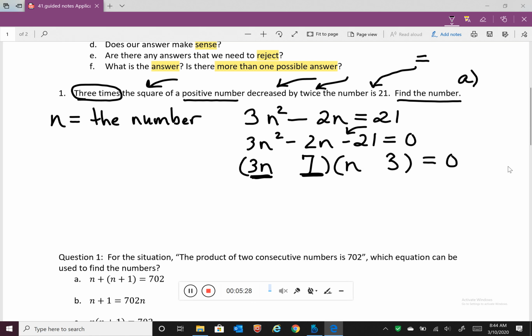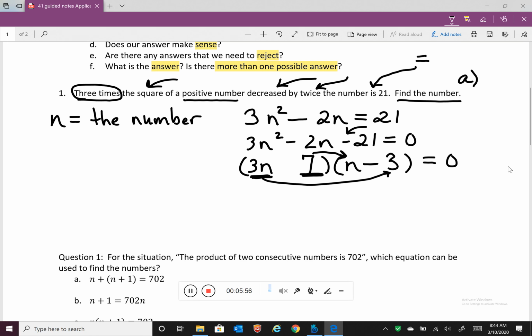Because it's minus 21, we want to have a difference of 2. If you look at 3n times 3, that gives us 9n, and then 7 times n gives us 7n, which does indeed have a difference of 2. We want a negative difference of 2, so the larger product must have the minus with it.